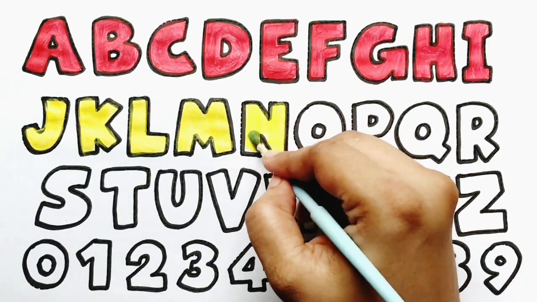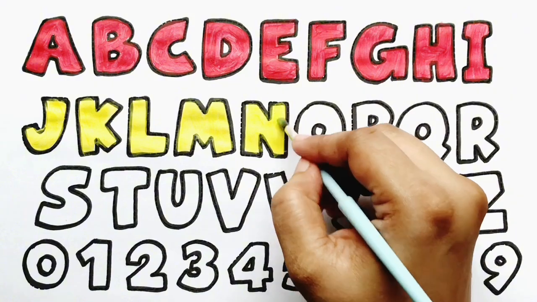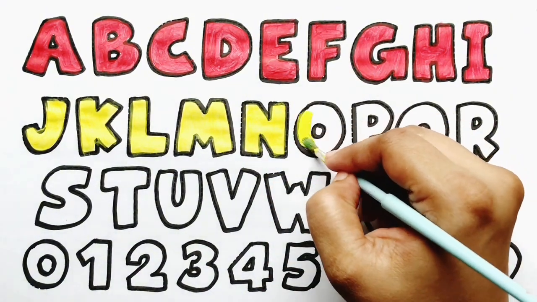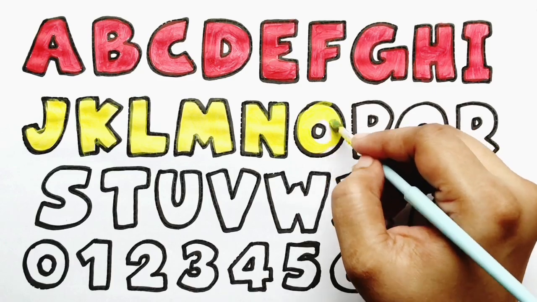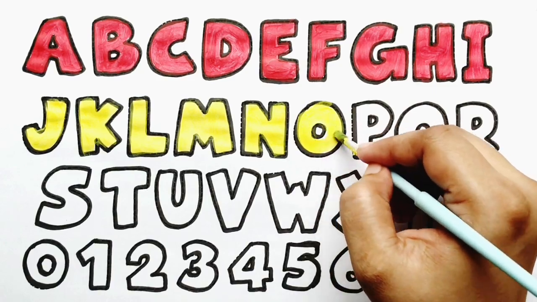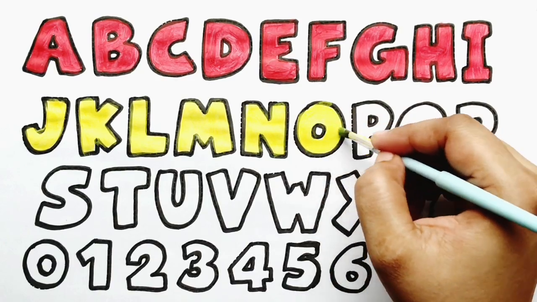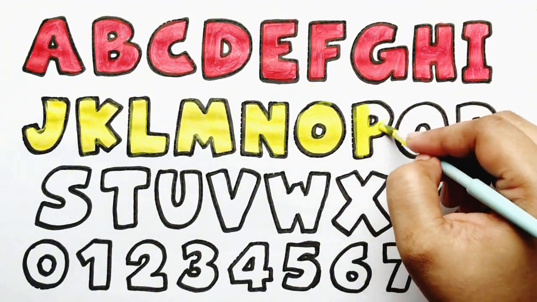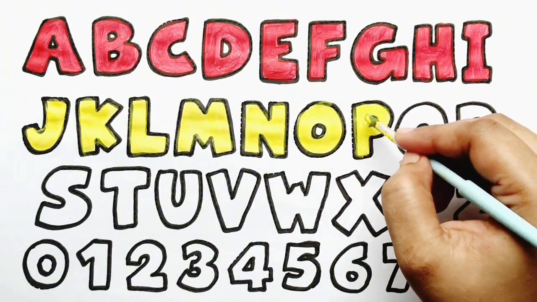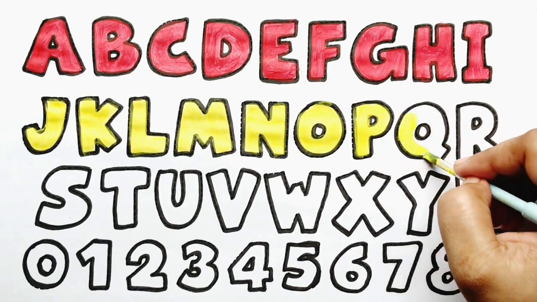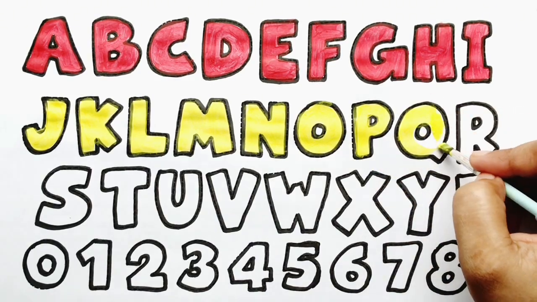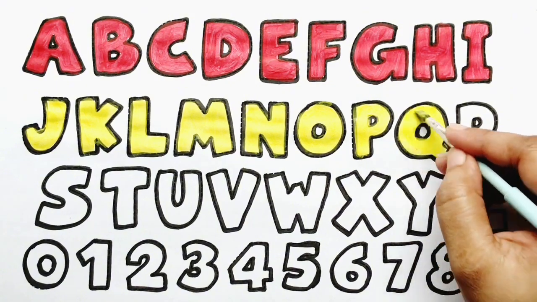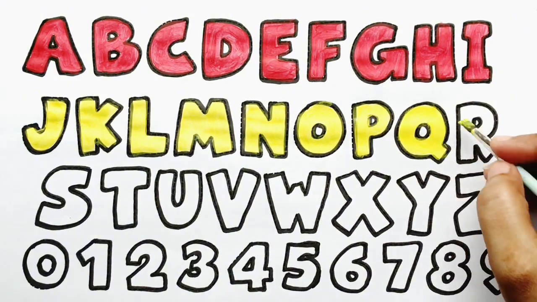Y, and Z. Now I know my ABCs. Next time, won't you sing? O for octopus. A, B, C, D, E, F, G, H, I, J, K, L, M, N, O, P, P. P for parrot. TV, W, X, Y, Q. Z. Q for Now quill. I know my ABCs. Next time, won't you sing with me?